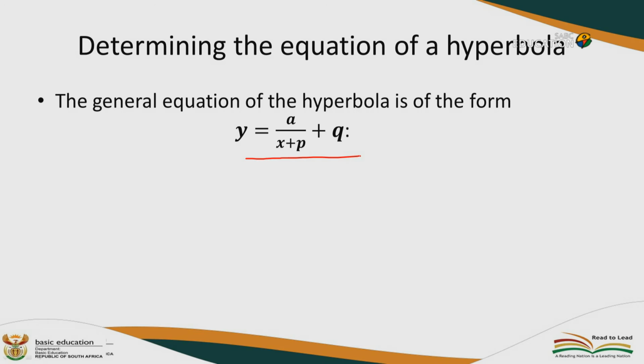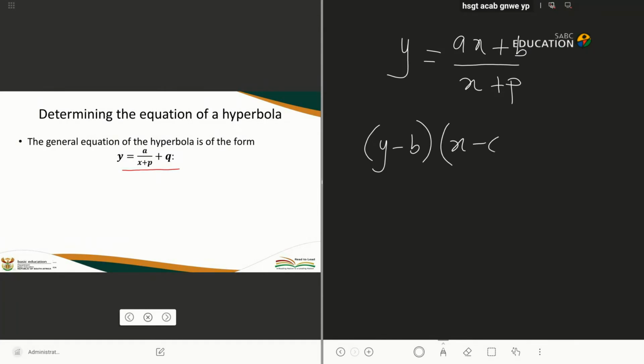The other forms can be something like y equal to ax plus, let's say, b over x plus p. So you can find the hyperbola being given in this form, or in the form y minus, let's say, b, times x minus c, equal to a. So these are other forms in which the hyperbola can be given.